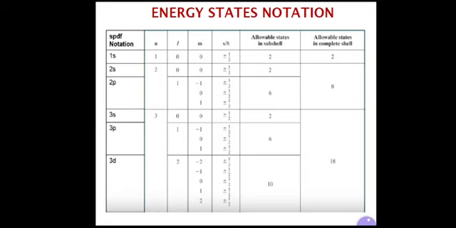So allowable states in a subshell: for 2s it is maximum 2, for 2p it is 6. Allowable states in a complete shell will be 8. This is an example of inner shell and outer shell, a total of 8 allowable states in the complete shell.